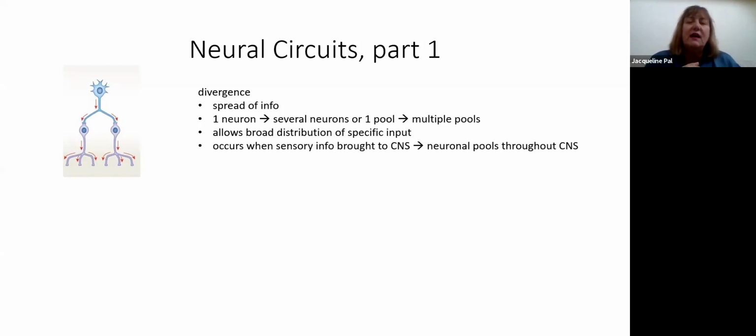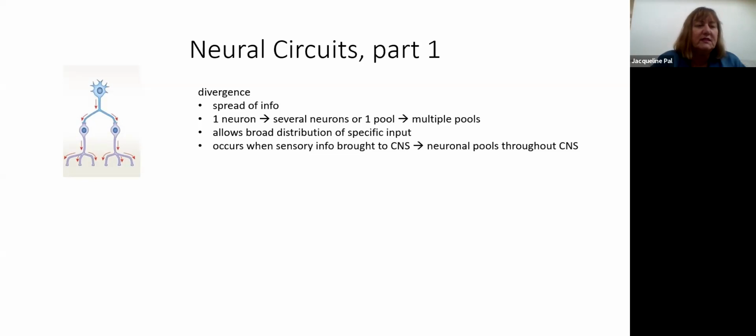And what this does is it takes the information from wherever it was coming from, and now it gets more neurons involved, allowing this broad distribution of whatever that little sensory input was. And this is what always happens when sensory information is brought into the central nervous system, where it's going to spread among multiple neuronal pools.